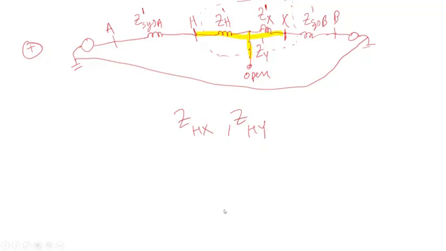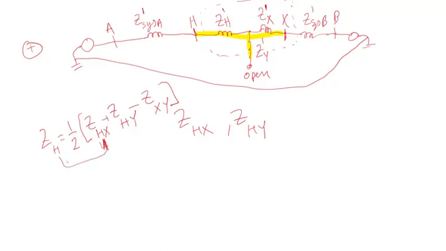To calculate H, for instance, there's an equation: one half of ZHX plus ZHY minus ZXY. So you sum up the ones that have the H terminal, and then subtract the one that doesn't have the H terminal.